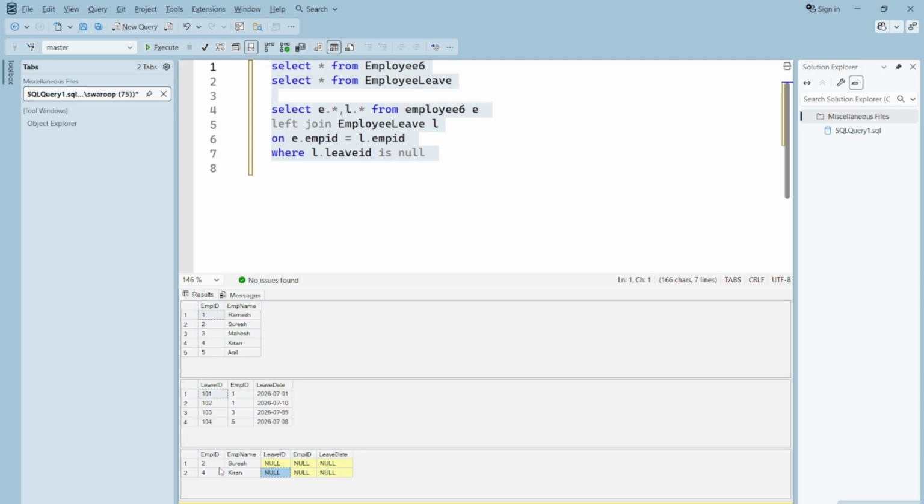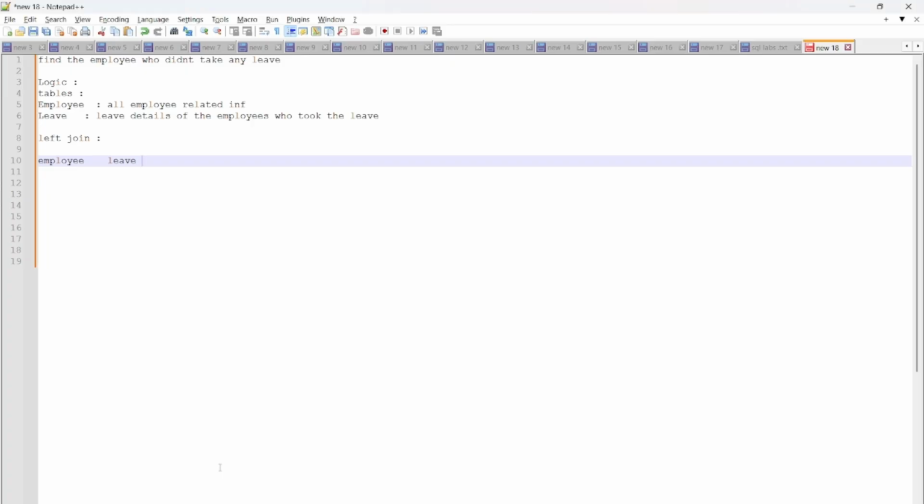So the question is: find the employees who didn't take any leave. First we need to find out the table names. What tables do we have? Employee table and leave table. The employee table contains the employee related information, and the leave table contains the leave related information of the employees who took leave. Now read the question: find the employees who didn't take any leave. That means the data which is not available in the leave table, they want.